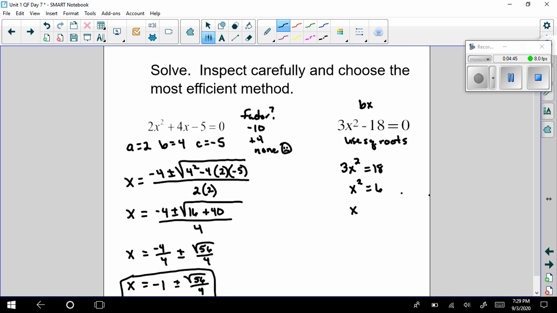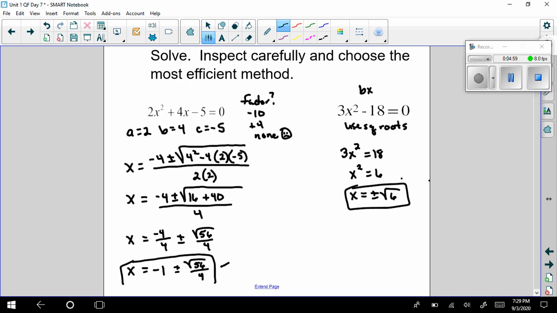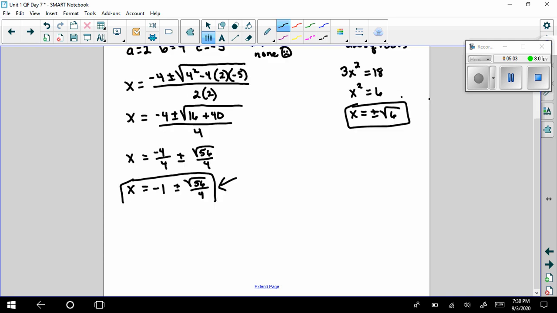And take the square root of both sides. So remember, in quadratics, typically you are looking for two solutions. So you have a positive square root of 6 and a negative square root of 6. For this one right here, you would have 2 because one would be the addition part of the problem and one would be the subtraction part.